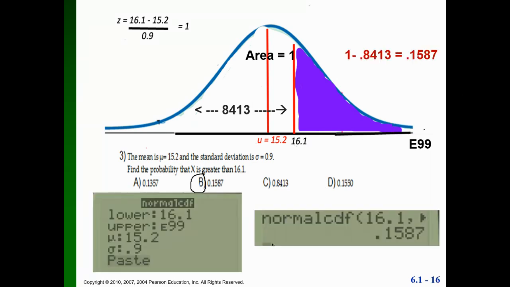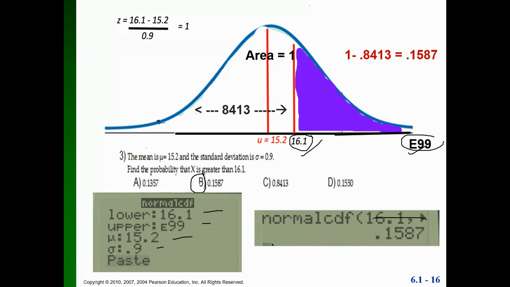No biggie. So let's just cut to the chase. You draw your diagram. You're looking for the probability of a score being bigger than 16.1. So this is your lower limit. The upper limit goes all the way to E99, and then there's your mean, there's your standard deviation.